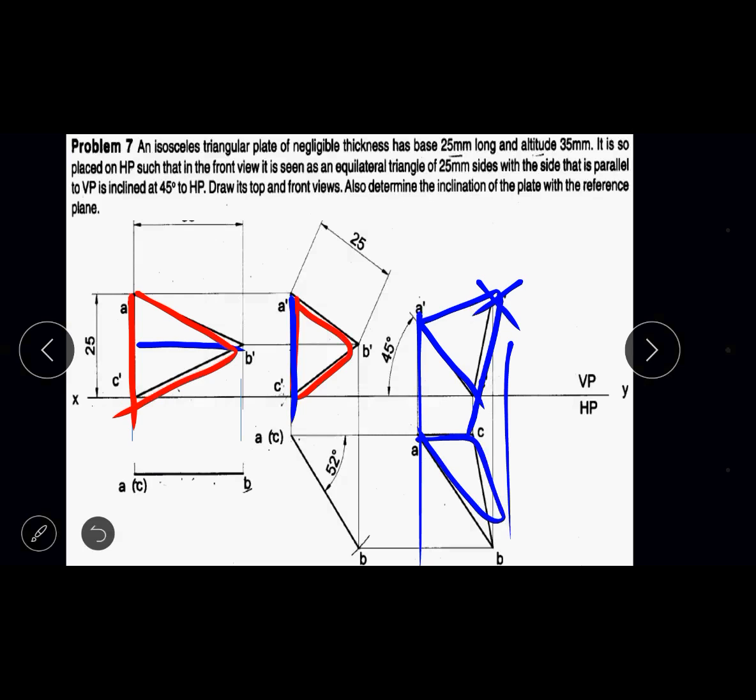If you keep quiet and don't ask any question, you are the loser, not me. So no doubt. Shall I proceed with the next problem? Yes sir. So the next problem will be on a rectangular lamina.